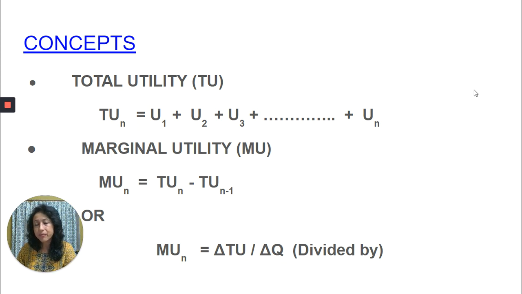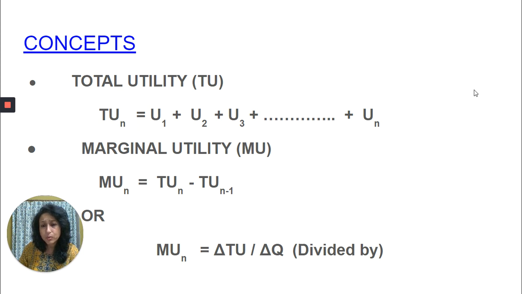So the formula is MUN equal to TUN minus TUN minus 1. In our example, we talked about 5 samosas eaten at the canteen during lunch break. TUN is the total utility from 5 samosas, minus TUN minus 1, which is the total utility from 4 samosas.